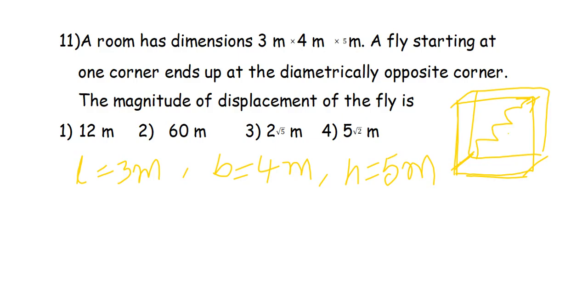The formula for this is root over L square plus B square plus H square. So this is equal to root over 3 square plus 4 square plus 5 square.